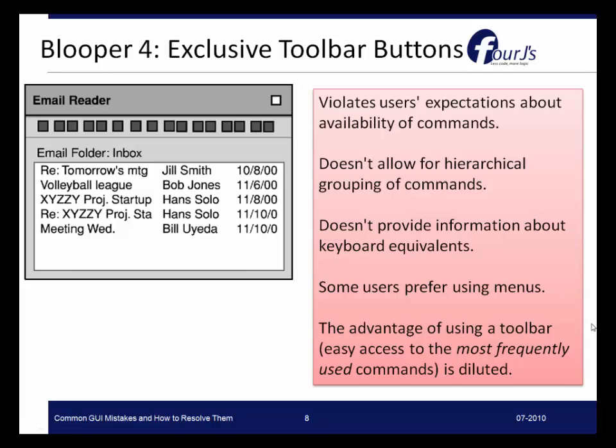And the advantage of using a toolbar is that it's easy access to the most frequently used commands. So when all of the toolbar options are representing everything just in a toolbar, that ability to use a toolbar for the most frequent commands is diluted.